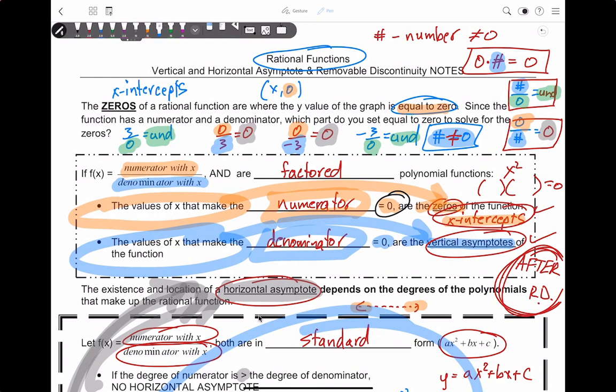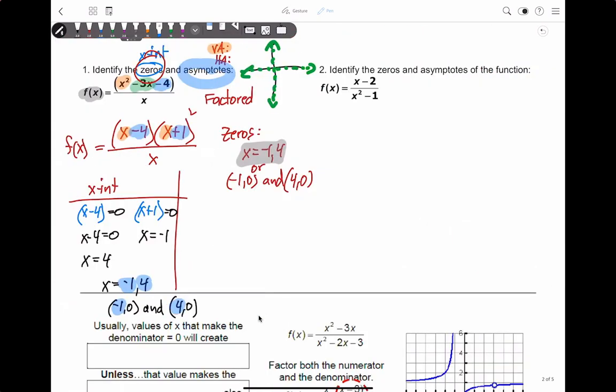So the denominator set equal to 0 will give me the vertical asymptotes. Let me highlight that with blue. So this is our VA. If I look at my denominator, all I have is x. When I set it equal to 0, there's nothing really to get by itself, nothing to solve. So that already is my vertical asymptote.